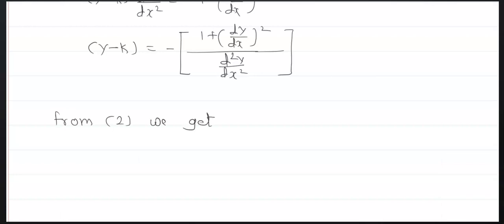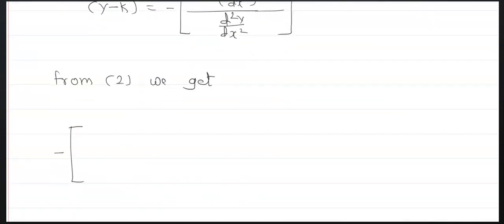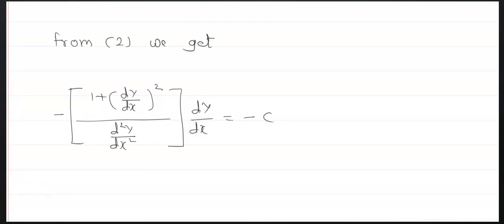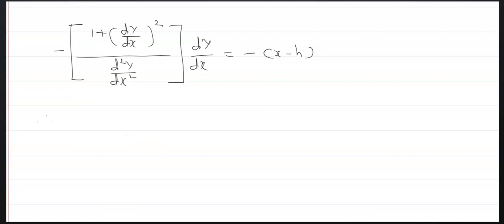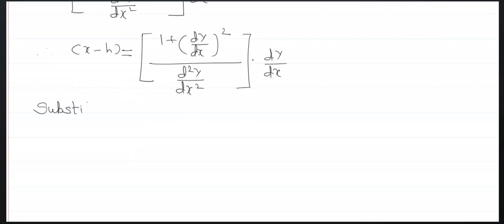From the second, substitute the values of both terms, that is the value of x minus h and the value of y minus k. Then you will get the required differential equation. That is, x minus h is equal to (1 plus (dy by dx) square) upon d2y by dx square into dy by dx.